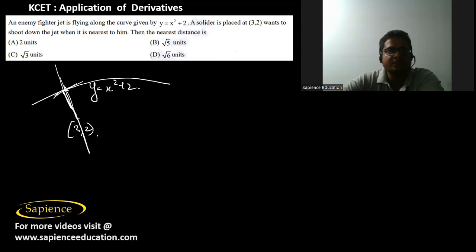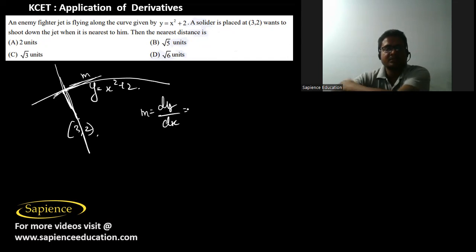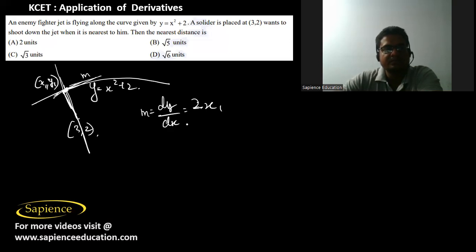So at any point, the slope of the tangent, that is m, will be equal to dy by dx, that will be equal to 2x. So at some point x1, y1, the slope will be 2x1.